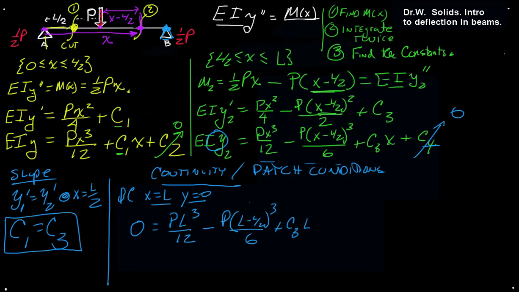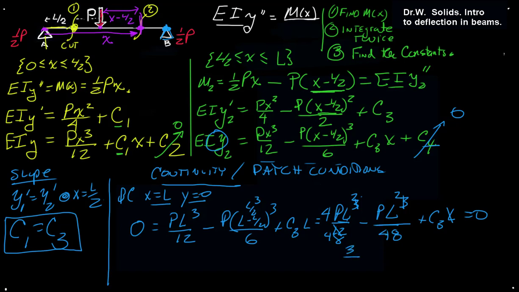This term in here becomes L on 2 cubed, which will give us PL cubed over 12 minus PL cubed on 8 times 6 will be 48, plus C3L equal to 0. We can run through here with one of the L's, making that a squared and a squared. Looking at this, both terms have a PL squared in it, so this would be 4 over 48 minus 1 over 48.